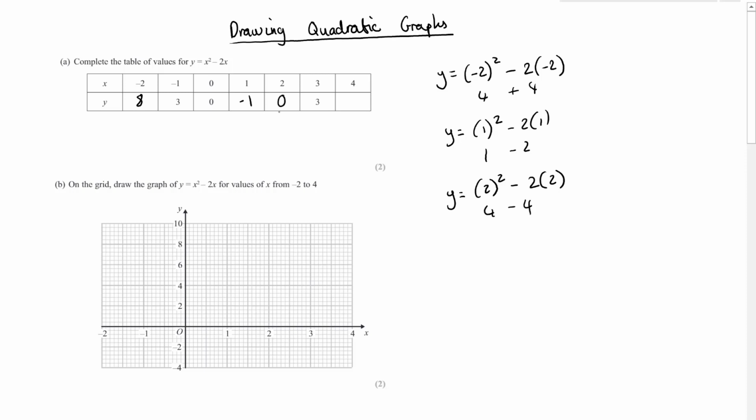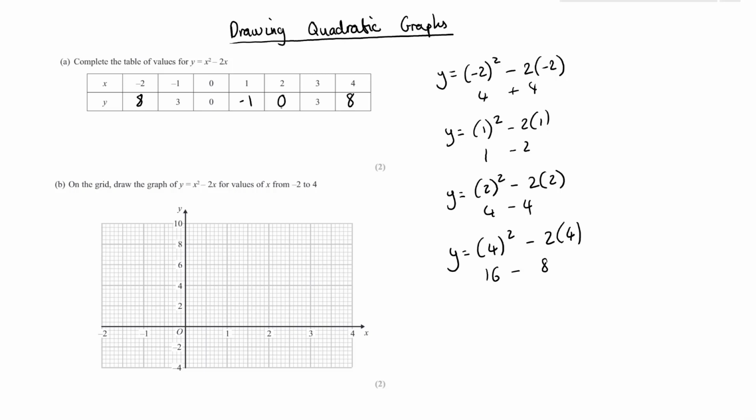And then you can see there's going to be a line of symmetry here, but let's just make sure. y is equal to 4 squared minus 2 times 4. This is going to be 16 minus 8, which is going to give me 8. So as soon as you've found this line of symmetry where it starts to reflect, you can start filling in some extra gaps here.